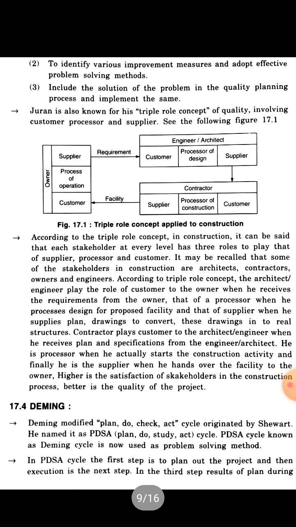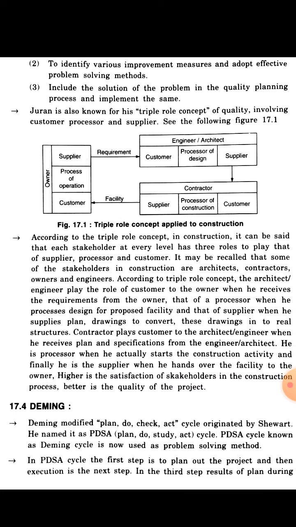Now next expert, Deming. Deming modified the plan-do-check-act cycle organized by Shewhart. He named it PDSA, the plan, do, study and act cycle. So the PDSA cycle, known as the Deming cycle, is now used as a problem solving method.